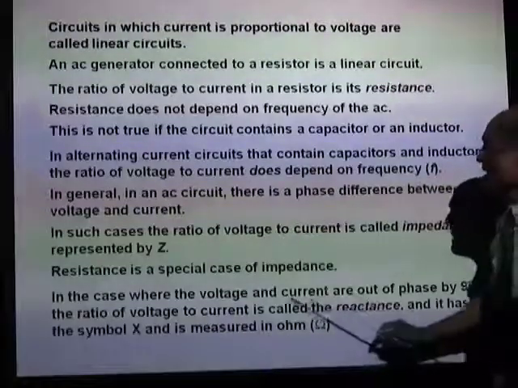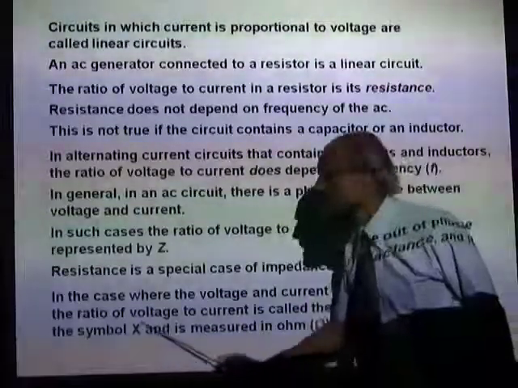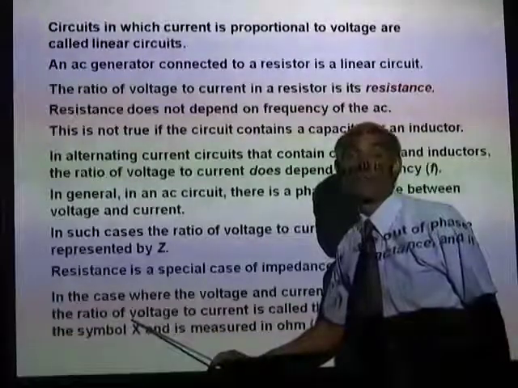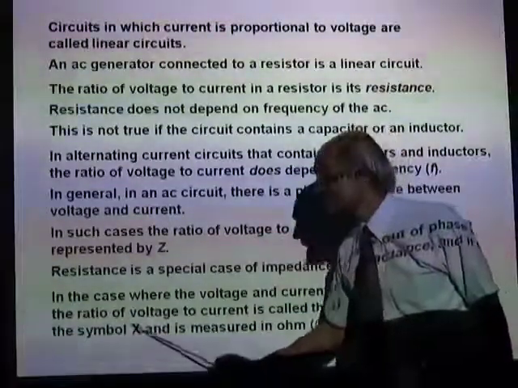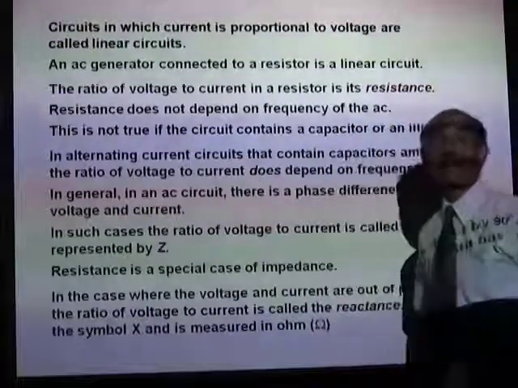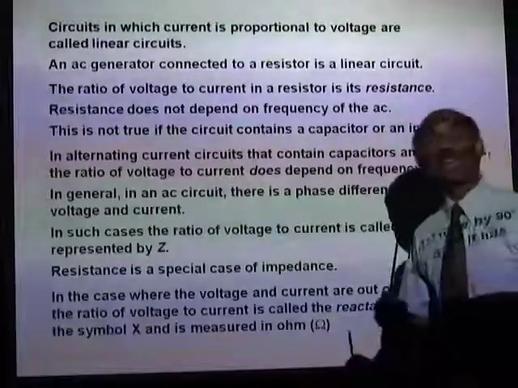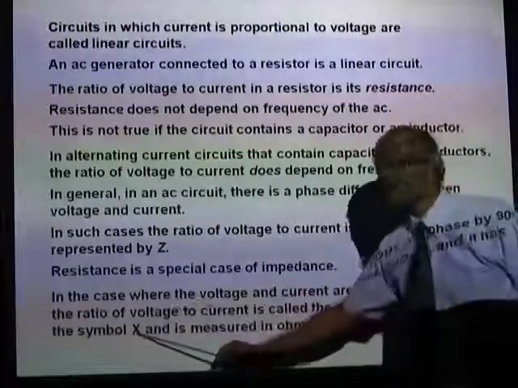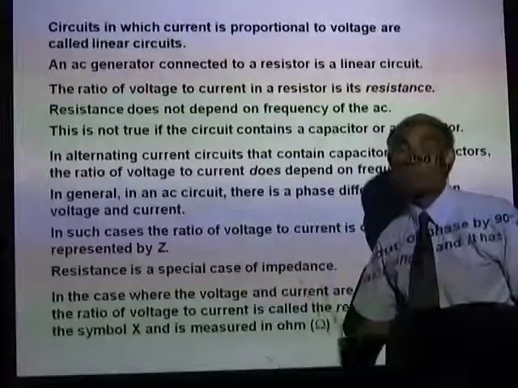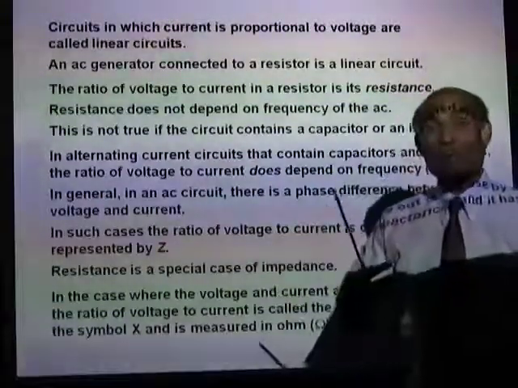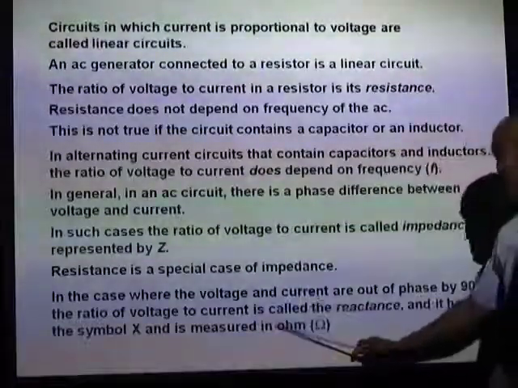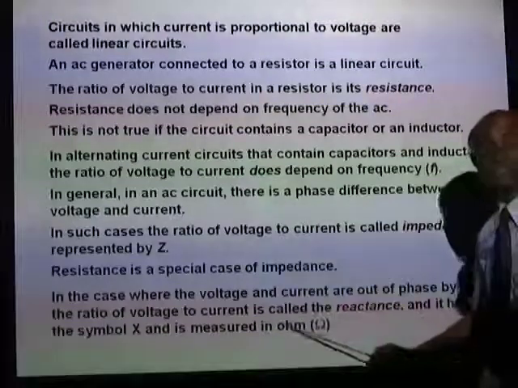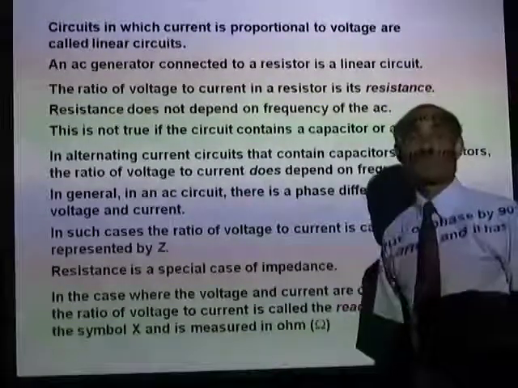The reactance will be represented by uppercase X. The reactance of a capacitor will be written as X sub C, and the reactance of an inductor will be written X sub L. If you remember, we used L for inductance of a coil. And it is measured in the same unit as resistance, namely ohms.